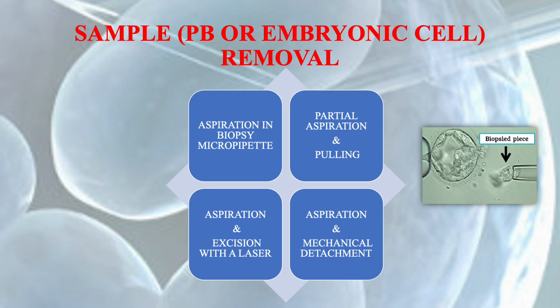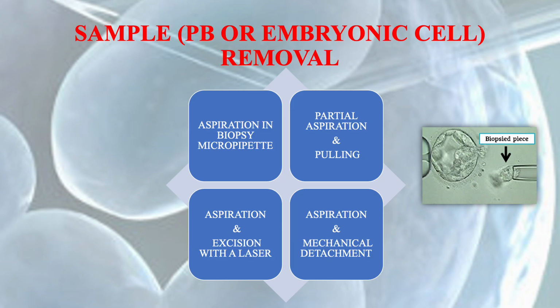Now coming on to the sample removal, which can be polar body or embryonic cells. So there are 4 methods for the sample removal. First is the aspiration in the biopsy micropipette, simply aspirating the cells. Then second is the partial aspiration followed by pulling. Third one is the aspiration and excision with a laser.